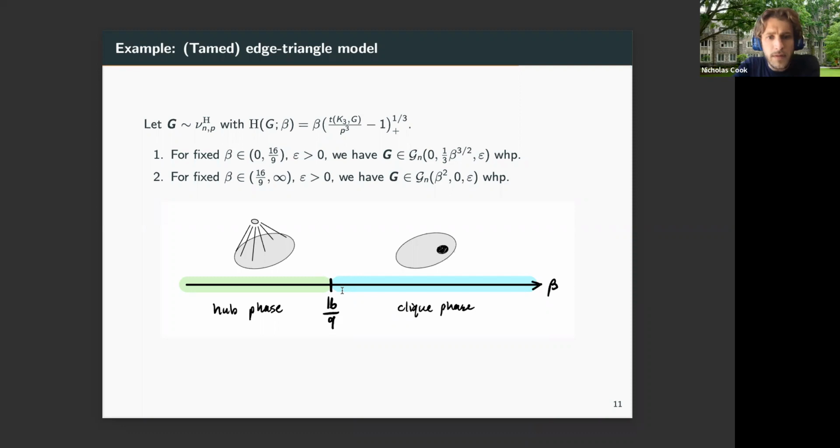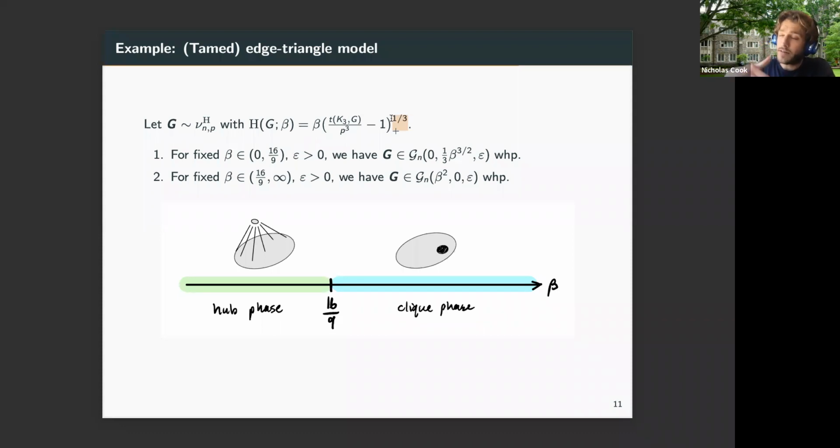So let's go back to the edge-triangle model. What does the edge-triangle model typically look like? Well, following Lubetzky and Zhao, we know that we shouldn't just take the edge-triangle model as it's been studied for decades now. We should actually take that function and raise it to some fractional power.